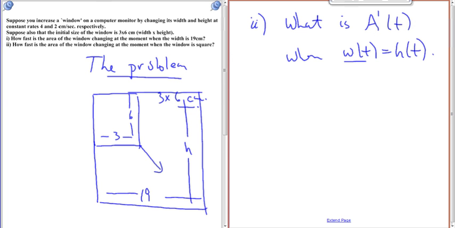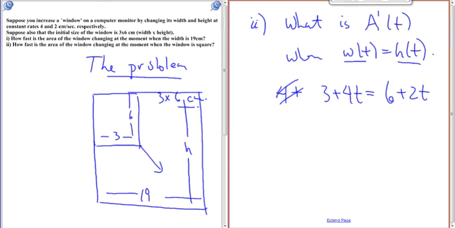Well, remember we had formulas for w of t and h of t. It was the initial, remember, it was 3 plus 4t equals 6 plus 2t.